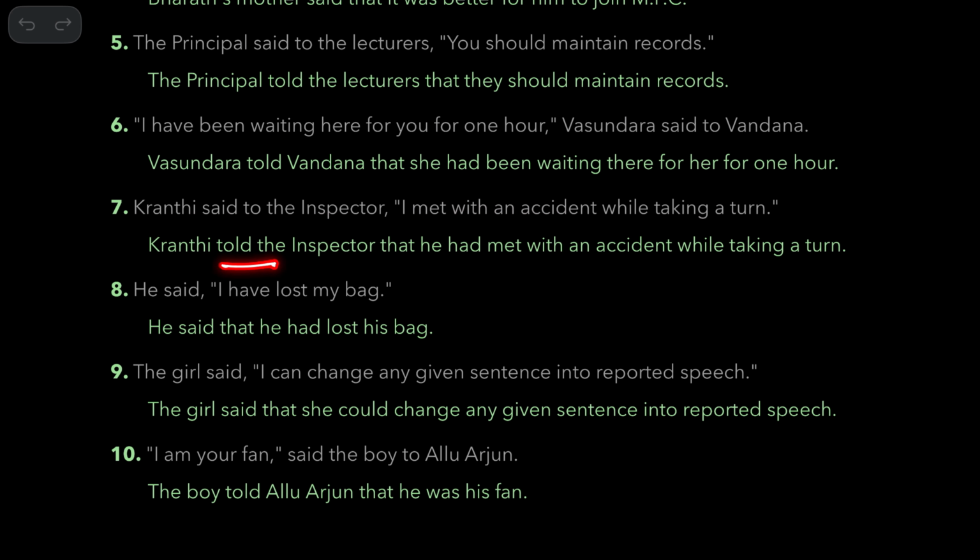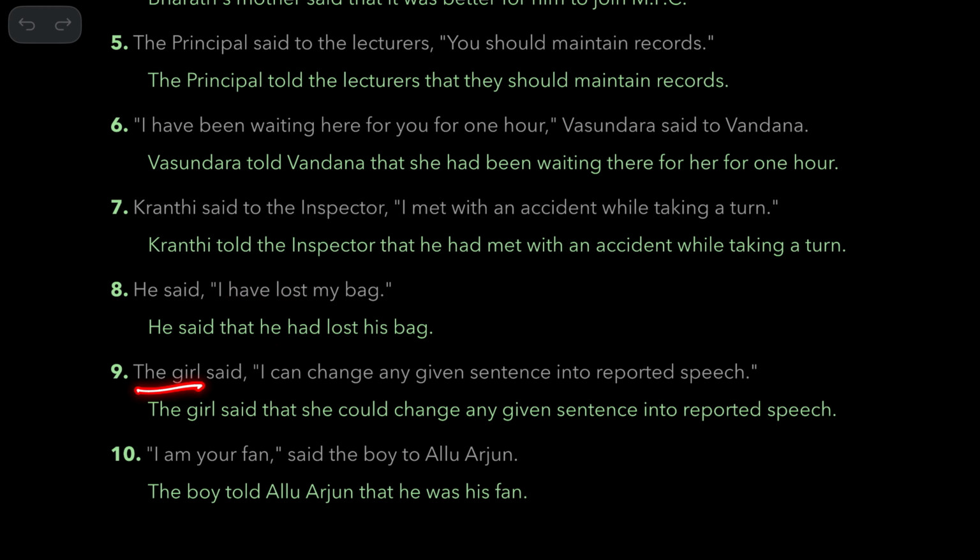Kranti told the inspector that he had met with an accident while taking a turn. So met changes to had met. He said, "I have lost my bag." He said that he had lost his bag. So have lost changes to had lost.